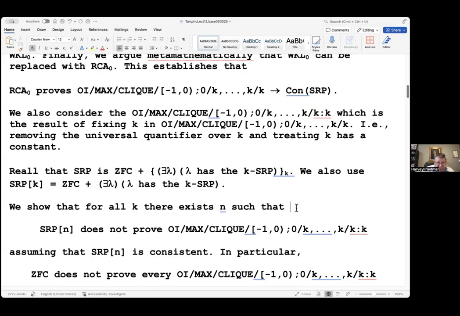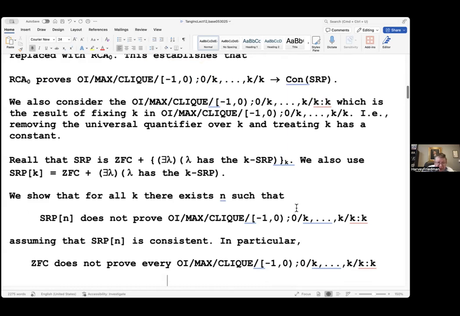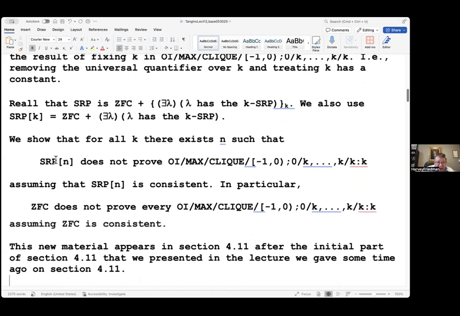And we show that for every n, there is a k such that SRP-n does not prove the statement with k fixed, assuming, of course, that SRP-n is consistent.